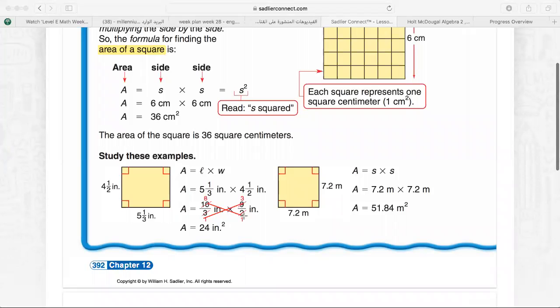So I will divide 2 by 2, it will be 1. I will divide 16 by 2, it will be 8. 3 and 9, there is GCF 3, so I will divide 3 by 3 and I will divide 9 by 3. So then I'm going to multiply the numerators and the denominators now. So 8 multiplied by 3 is 24, and 1 multiplied by 1 is 1.